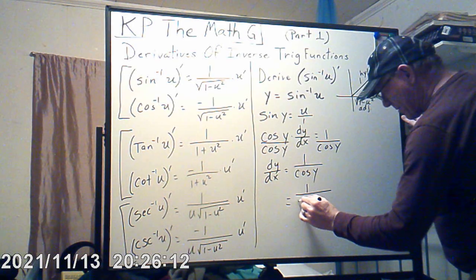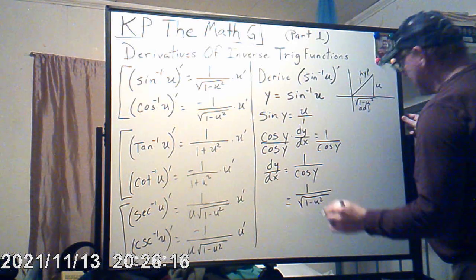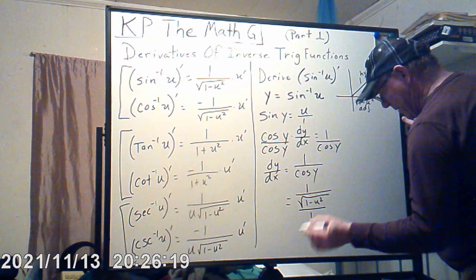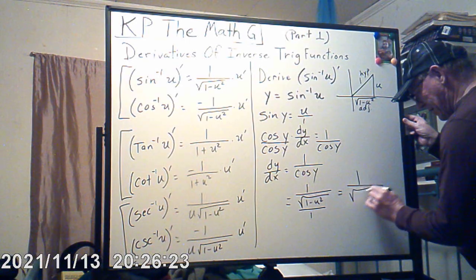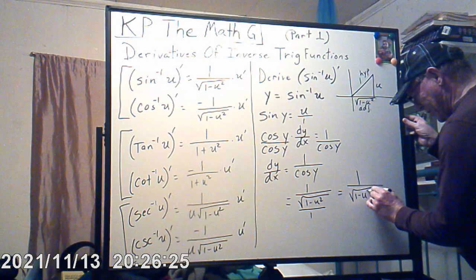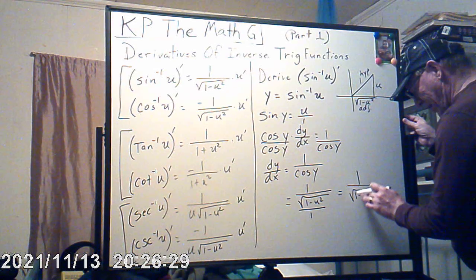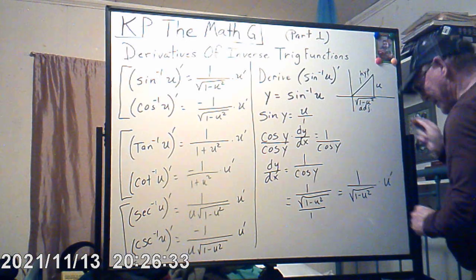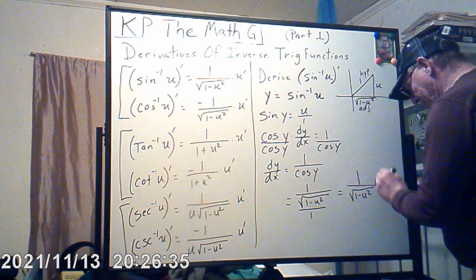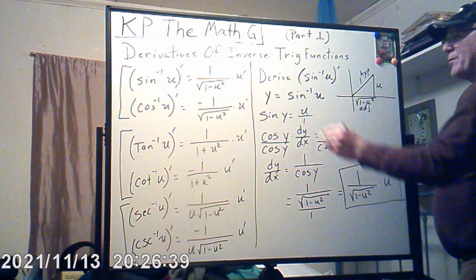So that is the square root of 1 minus u squared over 1, which is really just equal to 1 over the square root of 1 minus u squared. And of course, if there is a derivative of u, which there probably will be, we do want to tack that on. So yeah, that is the final answer to this, and that's what I have here.